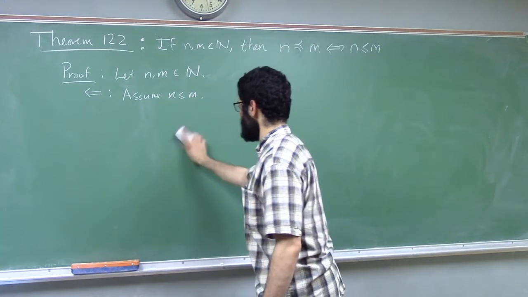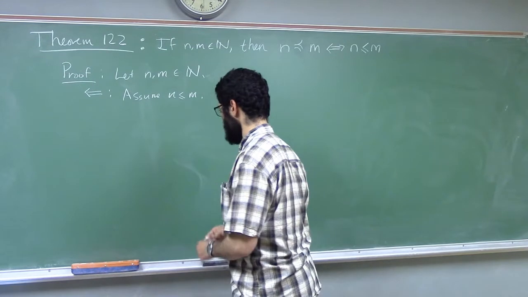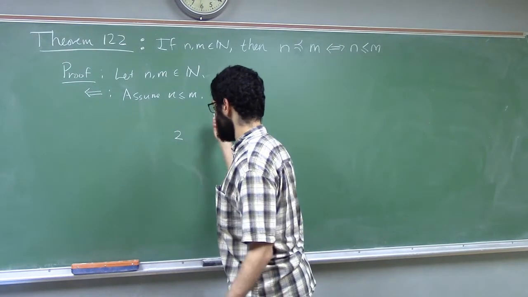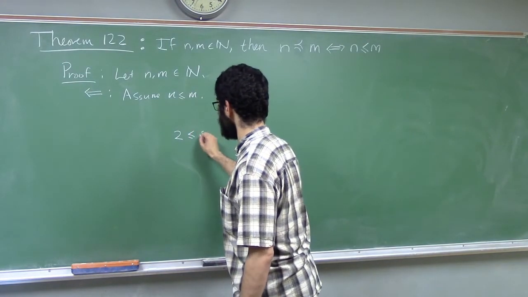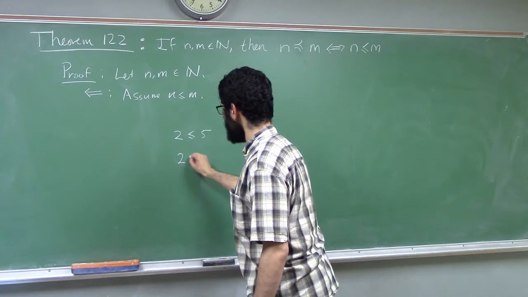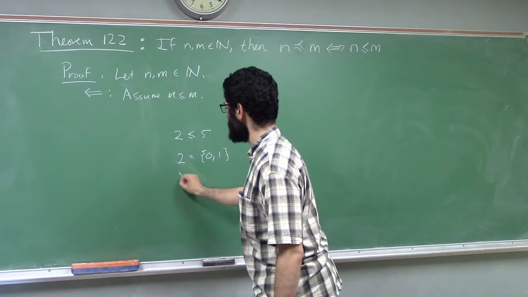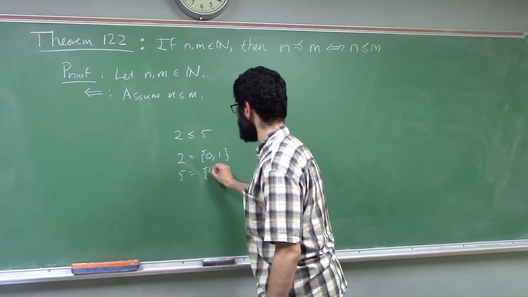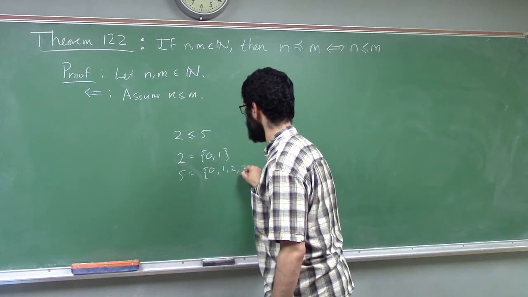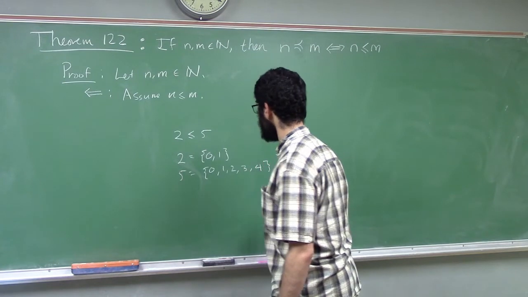Yeah, there's an injection, but that's a little bit of a weird one to think about. How about 2 and 5? 2 is less than or equal to 5. And I think that 2 is {0, 1}, and I think that 5 is the set consisting of 0, 1, 2, 3, 4.